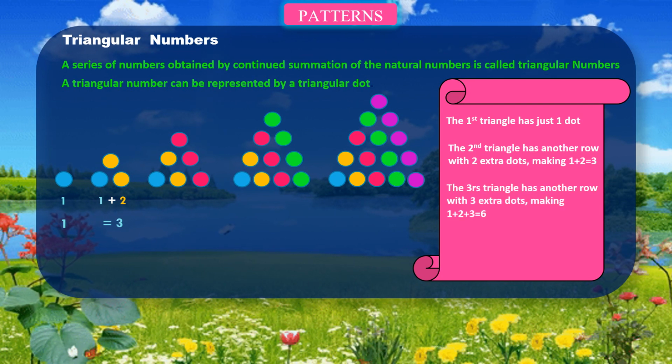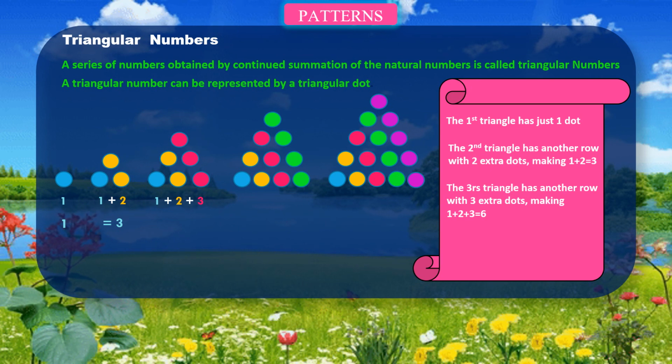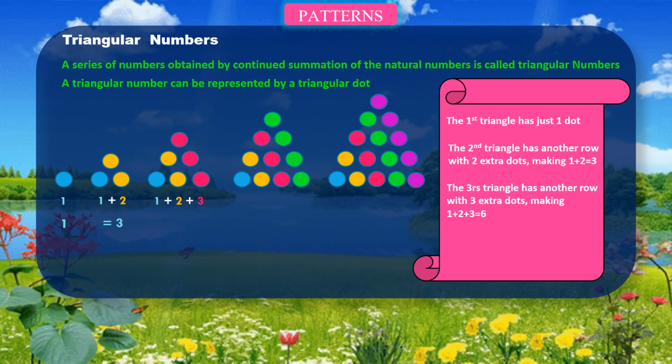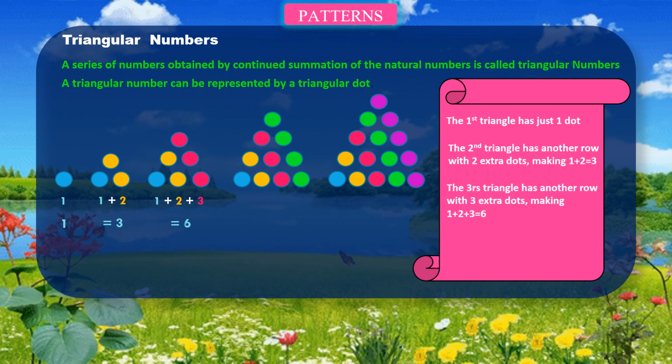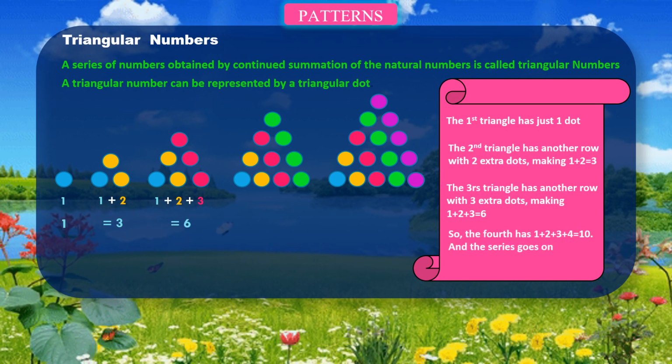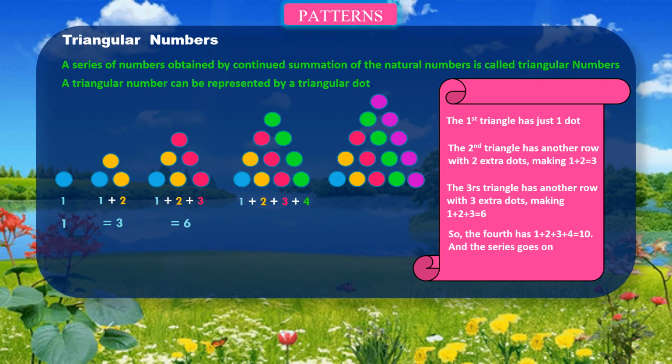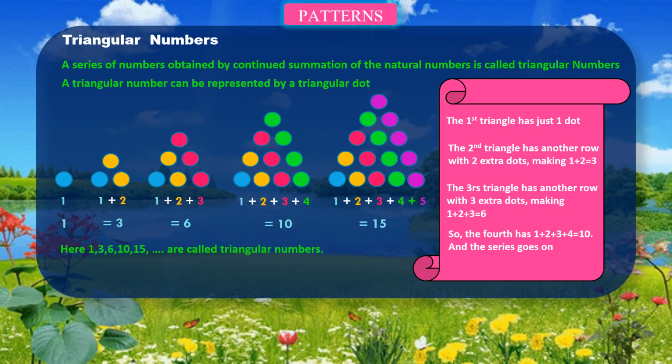The third triangle has another row with 3 extra dots, making 1 plus 2 plus 3 is equal to 6. The fourth has 1 plus 2 plus 3 plus 4 is equal to 10, and the series goes on.